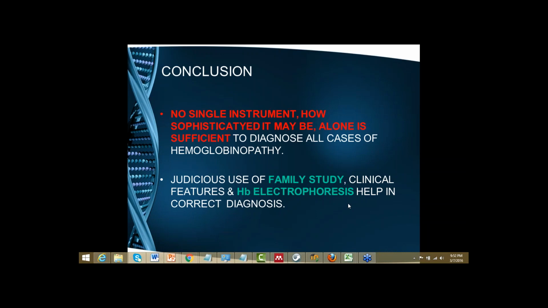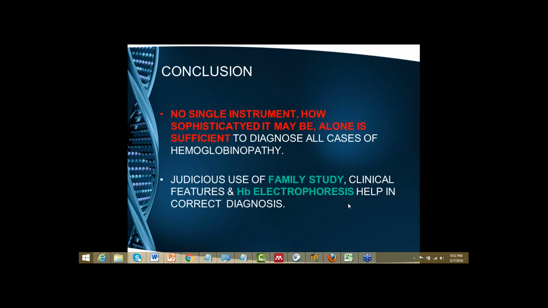But the patient was having a microcytic hypochromic blood picture. A homozygous sickle cell disease will never ever present with a microcytic hypochromic picture.